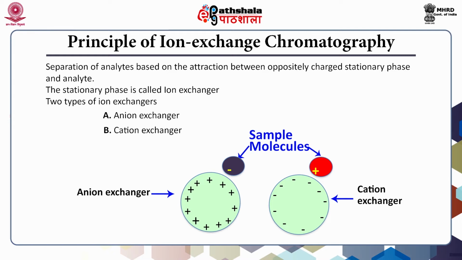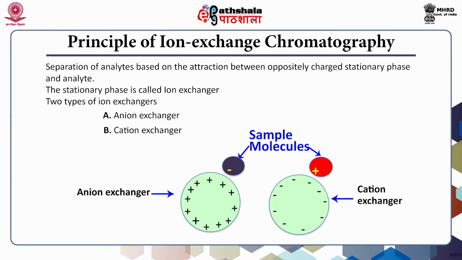The similar principle works for the cation exchanger. In this case, the surface of the cation exchanger has functional groups that have negative charge. So, this surface negative charge can attract the positively charged molecules.